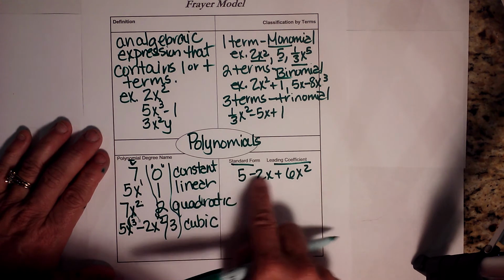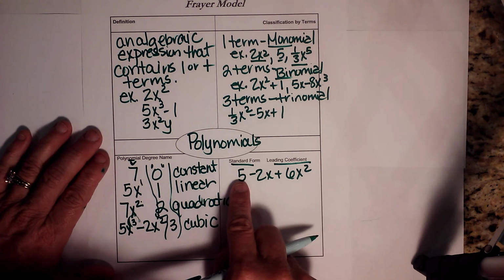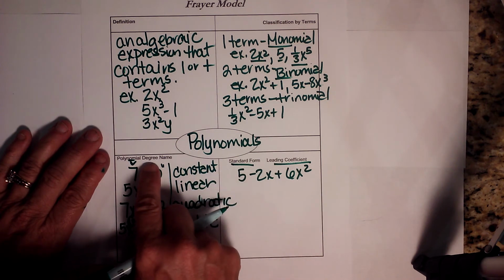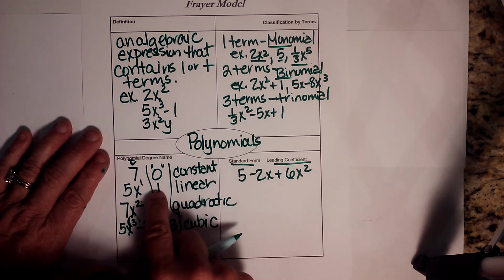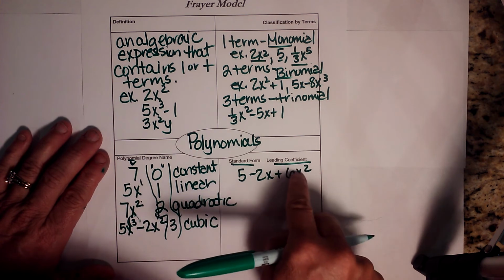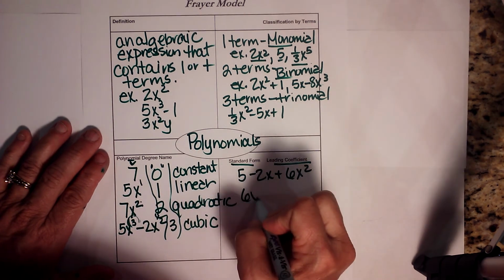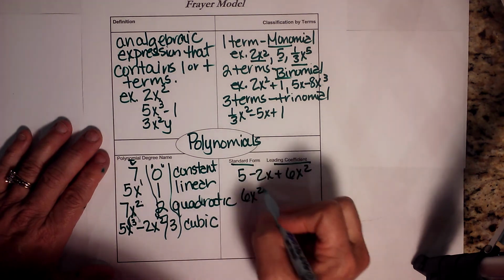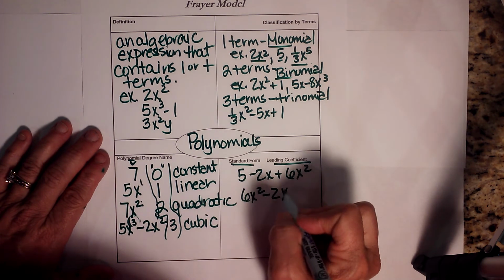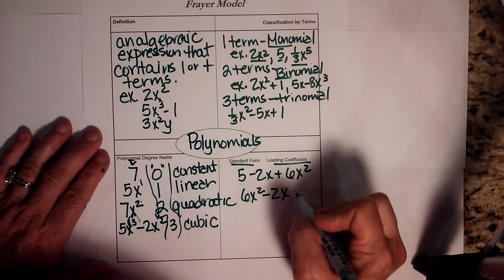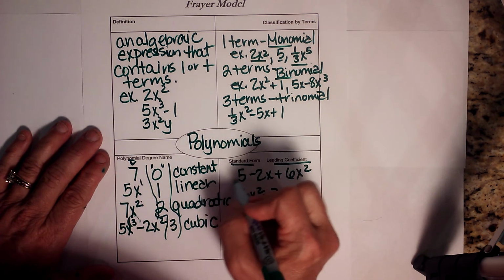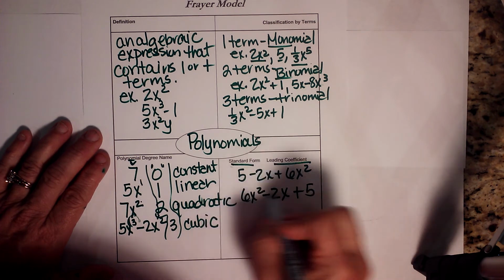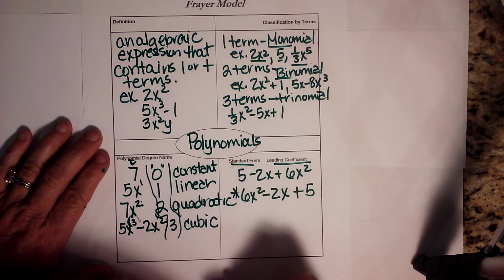Okay, which one would we list first if we want it in standard form? Well, then we look at the degree. Well, this degree is 0, this degree is 1, and this degree is 2. So that 6x squared has to be listed first, followed by negative 2x, because that x is to the first power. And then we bring over the positive 5, because we look in front of it. That's positive, positive 5. So this is in standard form.